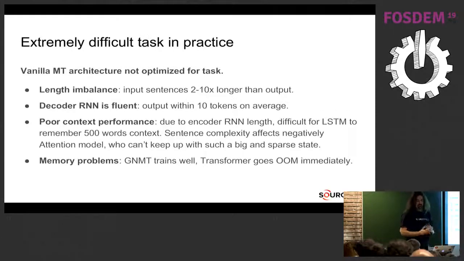So this turns out to be an extremely difficult task in practice, because vanilla machine translation architecture is not tuned for this particular task. So, for example, when you're translating English to French, you have sentences which are approximately the same length. Actually, translating English to French is so easy that it is basically not even taken into account, because it's too easy a task.